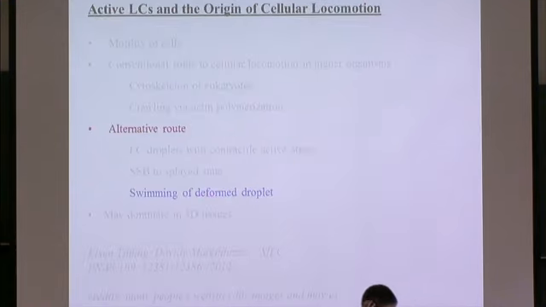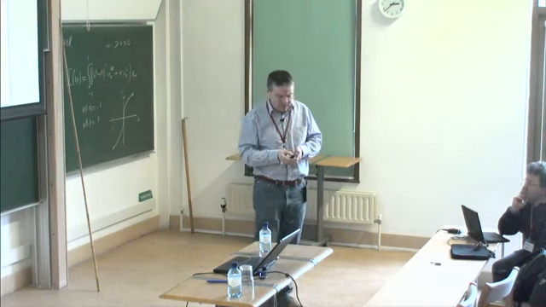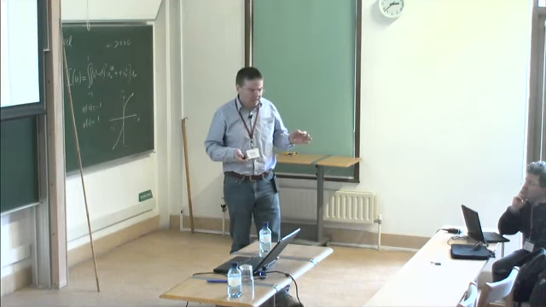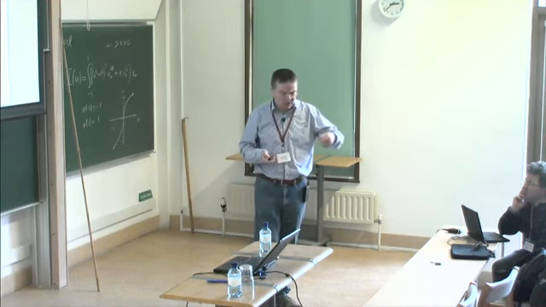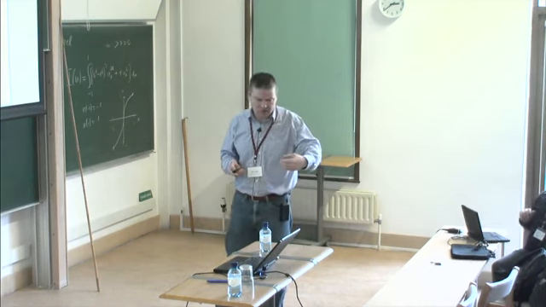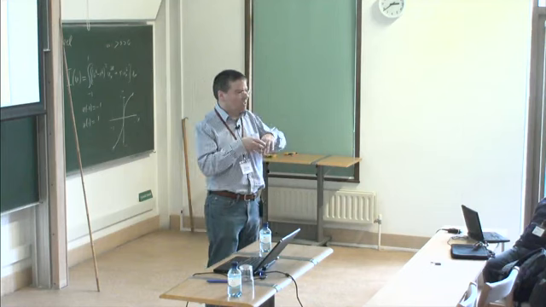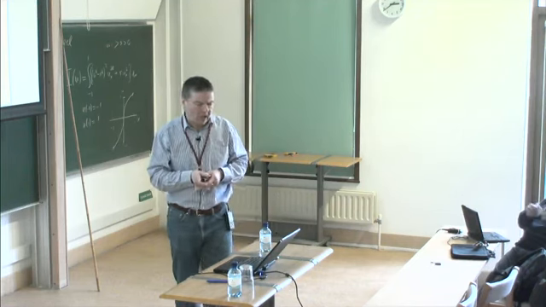Okay, so the claim is then that to get a bag of actomyosin, thought of as an active liquid crystal, to move, I do not need the self-advection or the polymerization process which moves fibers along their own direction. What I do need is some splay, and then you can swim.